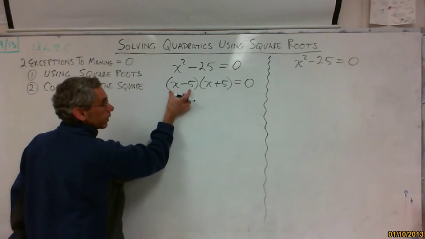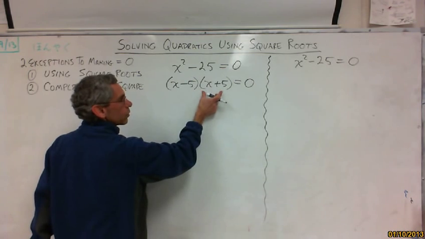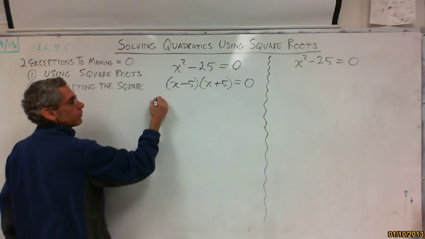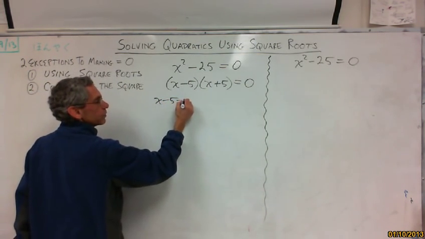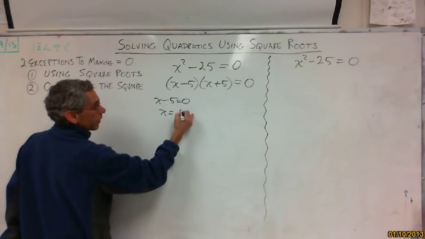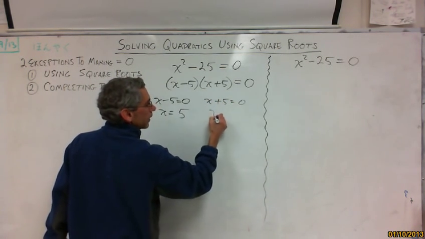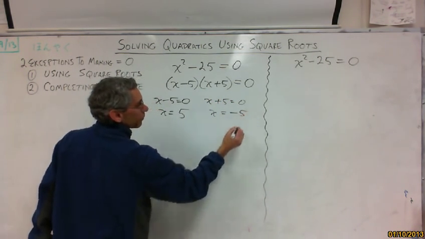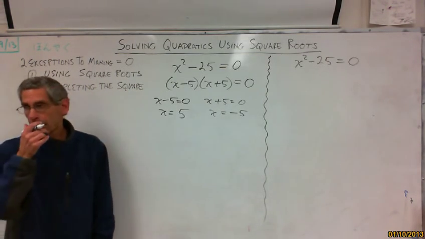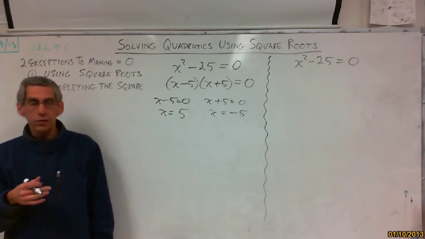So either x minus 5 equals 0 or x plus 5 equals 0. If x minus 5 equals 0, then x is equal to positive 5. And if x plus 5 equals 0, then x is equal to negative 5. You all know that. That's nothing new.